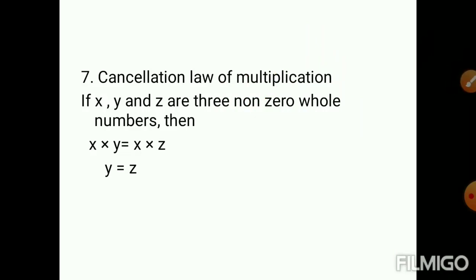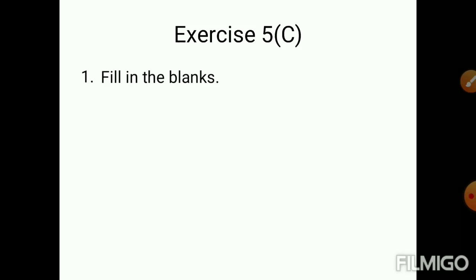Now we will move to the exercise. So it is my exercise 5C. Here we will get the questions for multiplication. My first question is 42 into 0. So we know that our answer will be 0.